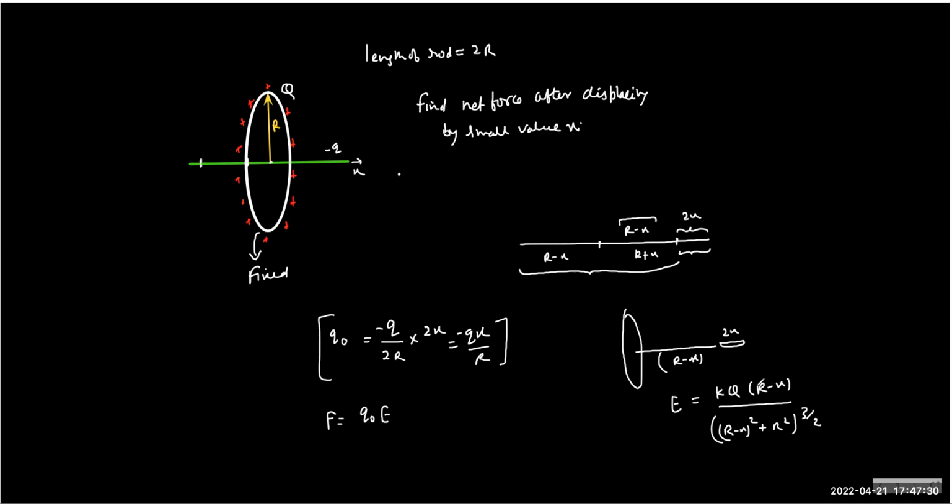Now x is very small compared to r, so we can in fact write kqr by (r square plus r square), which is 2r square power 3 by 2. Roughly we can write the numerical value. And because we have to use so many approximations, this is minus qx by r multiplied by, just write, this is the restraining force. So this is kqr upon 2 root 2 r cube.